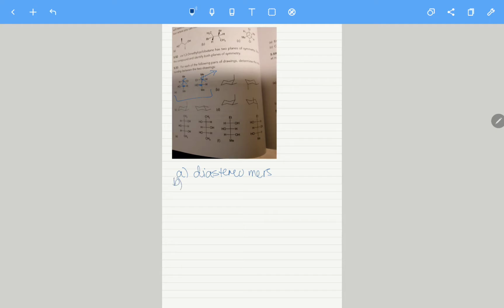For B, we look at dimethyl cyclohexane, and you have these two groups that are cis, and then on this one, these two groups, one is up, the other, let me draw it the way that they have it on here.